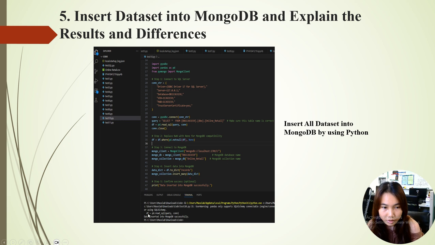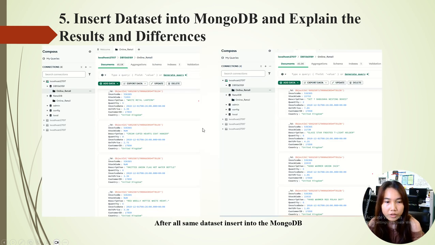Here you can see the dataset was inserted into MongoDB successfully. These two figures show the dataset after insertion into MongoDB. It includes invoice number, stock code, description, quantity, invoice date, unit price, customer ID, and country.